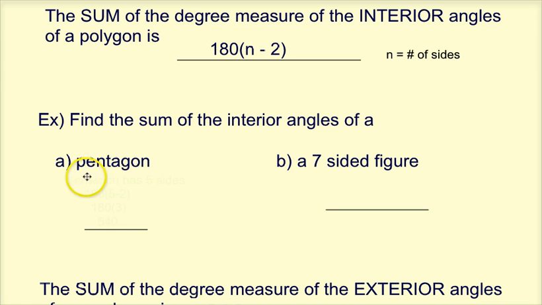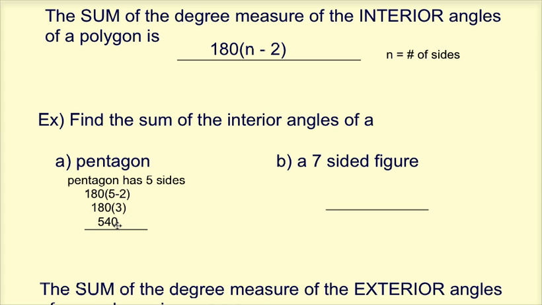Now a pentagon has 5 sides, so I'm going to substitute in 5 for n. 180 parentheses 5 minus 2. 180 times 3, because 5 minus 2 is 3. And 180 times 3 is 540. So the sum of the interior angles of a pentagon is 540.